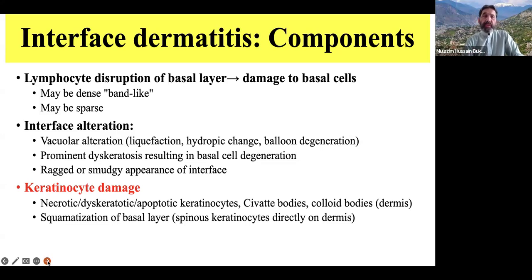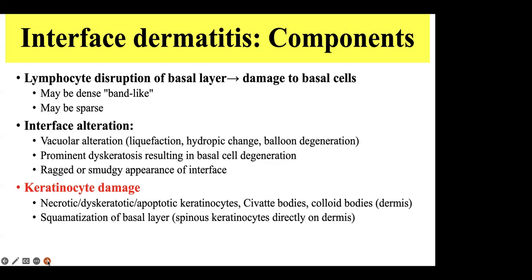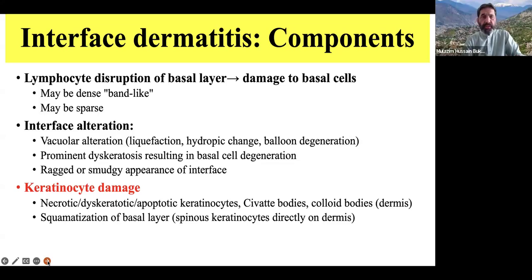In some interface dermatitis, like lichen planus, it is very important that there is always basal damage and metaplasia of the basal cuboidal cells toward squamous cells. That is one point. The second point is the interface alteration: basal liquefaction, maybe bulla formation, maybe degenerative pictures.